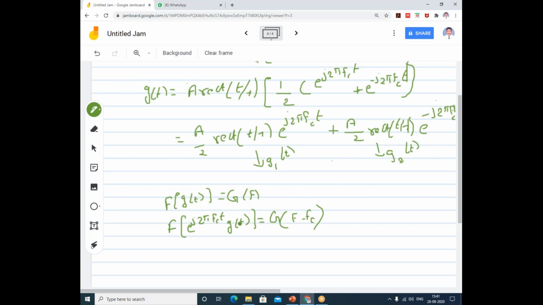So whatever g of t term I have, first I need to find the Fourier transform of that.